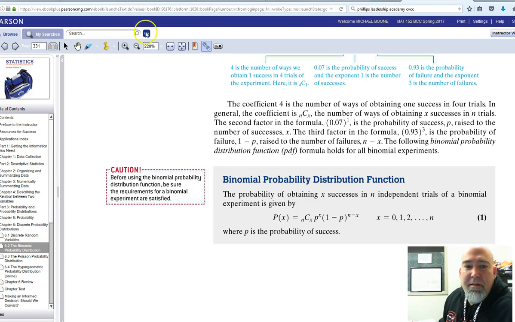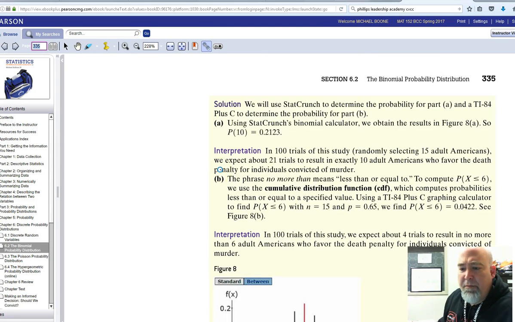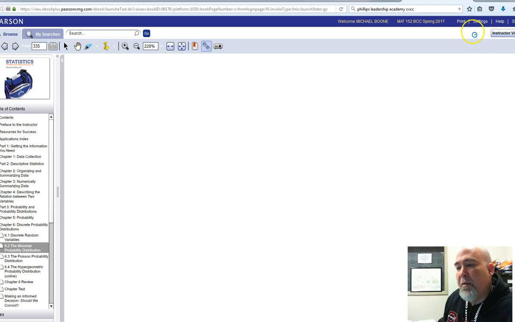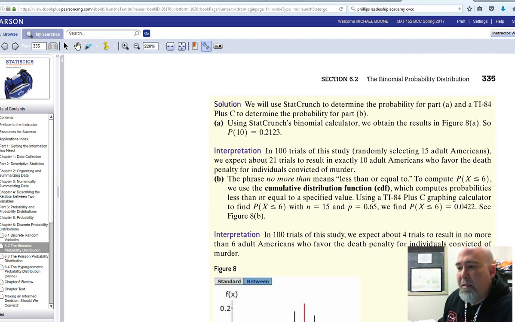Also in the text, they talked about finding the mean and the standard deviation of a binomial probability. We almost were figuring it out a second ago. If I was an 80% free throw shooter and I shoot 10, we would expect that I get 8.